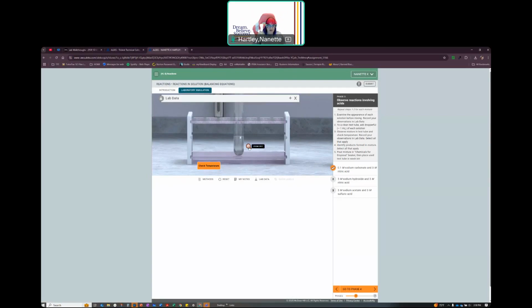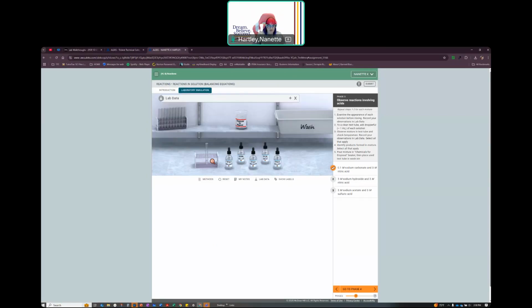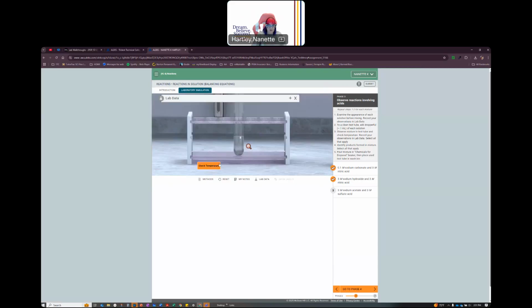Take this and dispose of it and put that in there. I have my sodium acetate, my sodium acetate right here, and the 3 molar sulfuric acid. This is a sulfuric acid right here. So I want to check the temperature. No change in temperature.